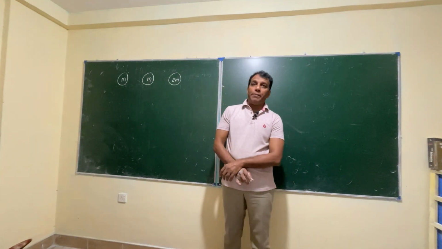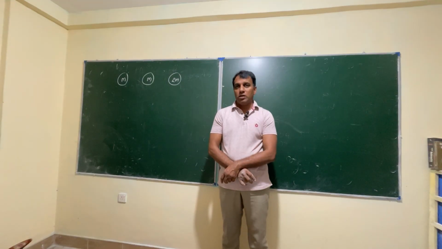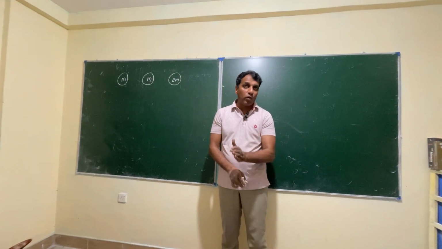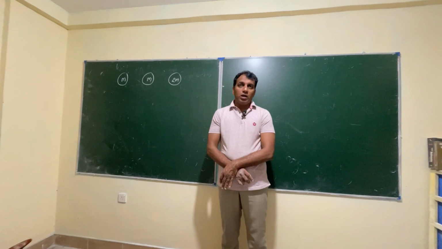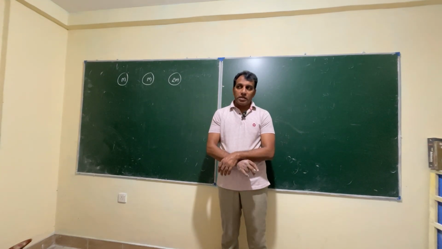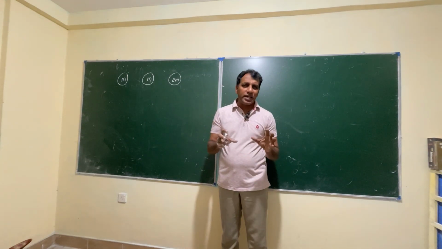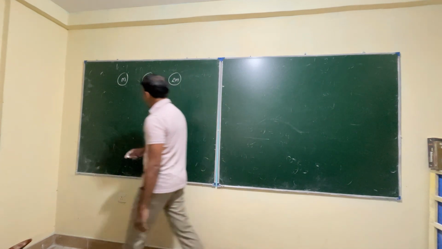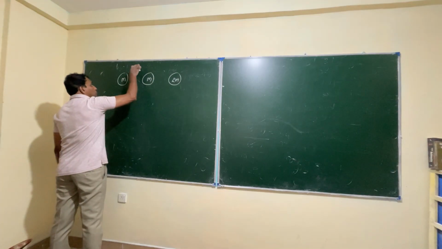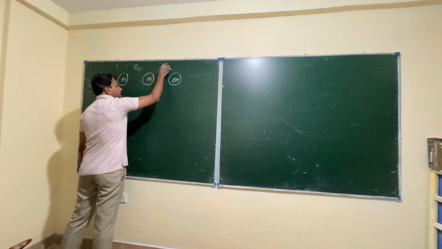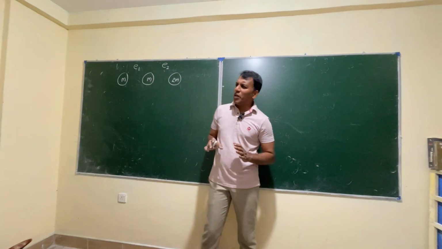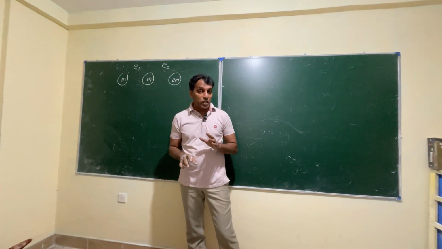Now what happened, the problem that is there in the thumbnail or the YouTube banner: the masses are in the ratio 1:1:2. They are placed on a smooth floor. The coefficient of restitution between the first two spheres is E1, and here it is E2. When answering such a collision problem, we frequently use two types of equation.